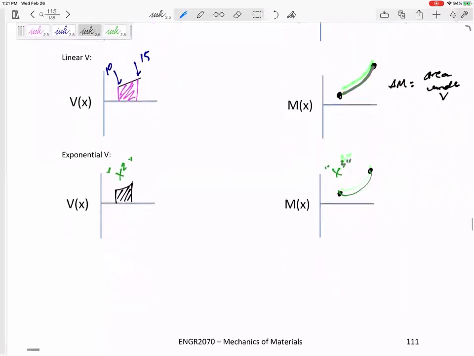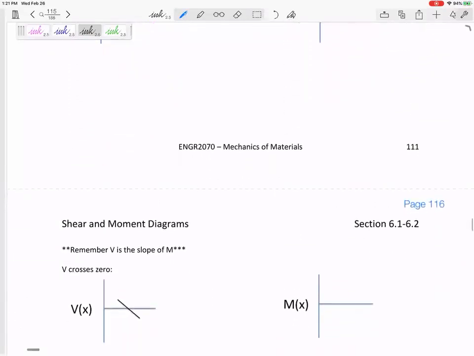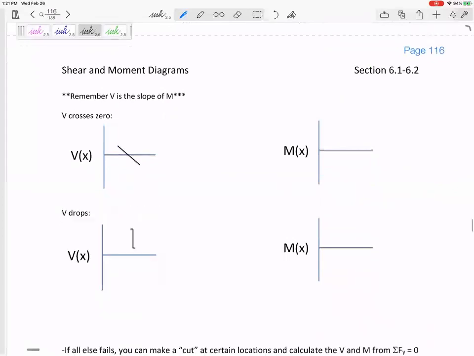Okay, and then a few more things before we try some. When V crosses 0, when your shear diagram crosses 0, that means my slope of my moment diagram was 0.